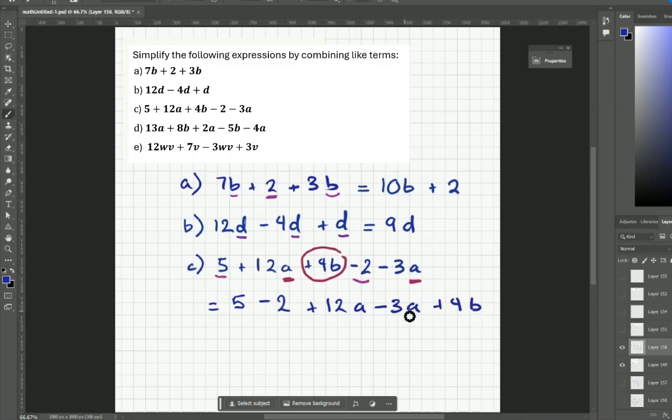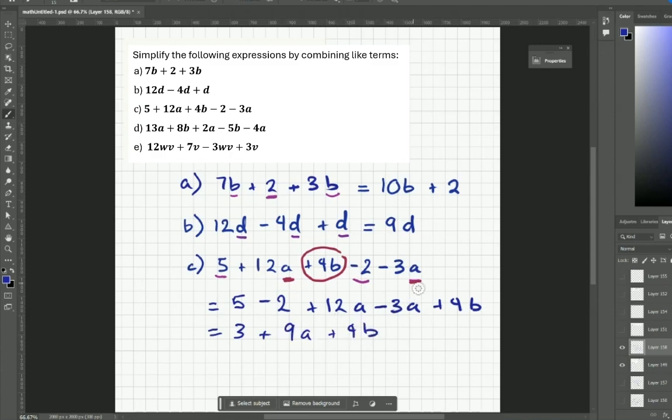We've paired the constant with the constant, we've paired the a term with the a term, and left the b pronumeral out. When you're doing this, you have to keep the sign. Negative signs matter. 5 minus 2 is 3. 12 minus 3 is 9a plus 4b.